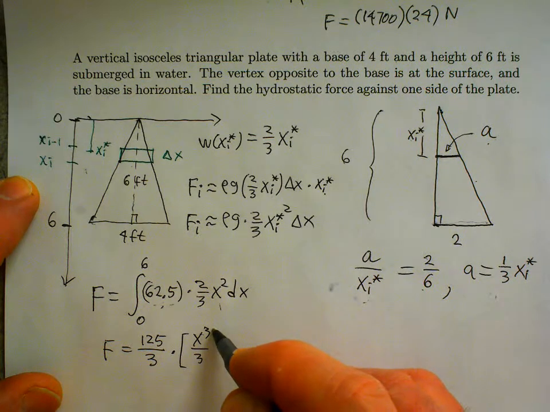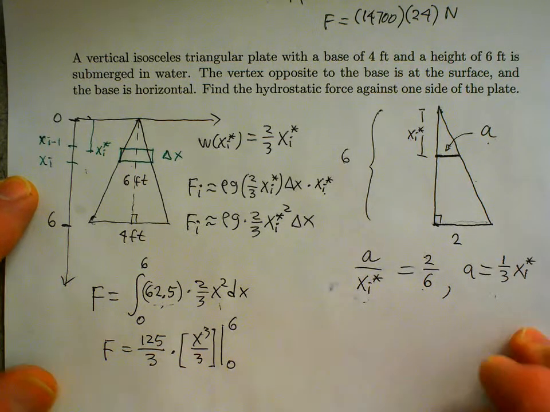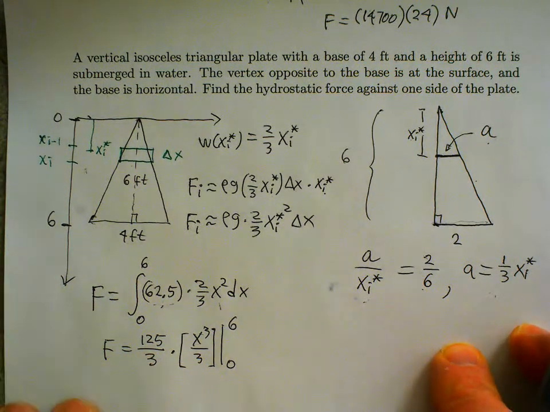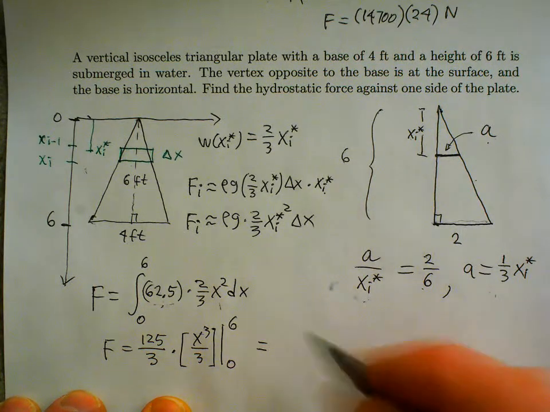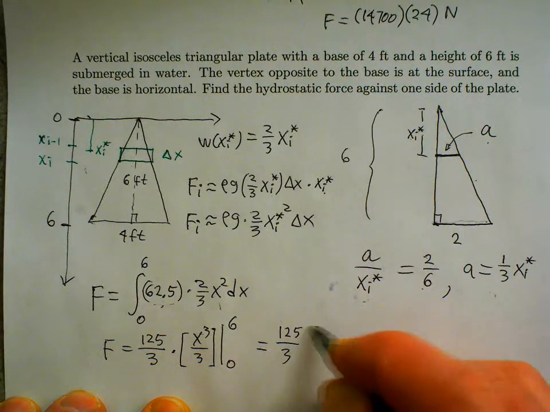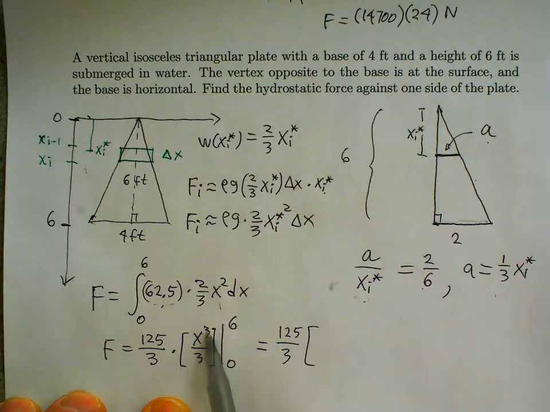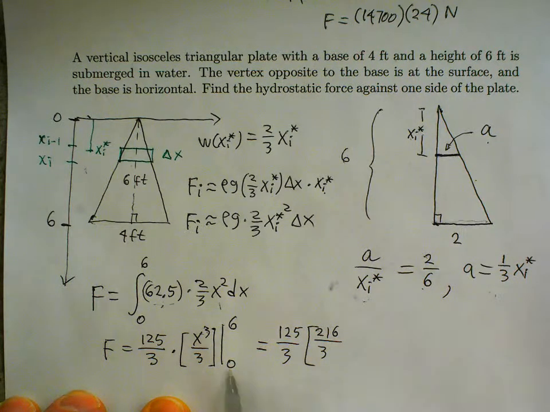And evaluate this from 0 to 6. So 125 over 3, 6 to the 3rd is 216. So 216 divided by 3, and then minus 0.